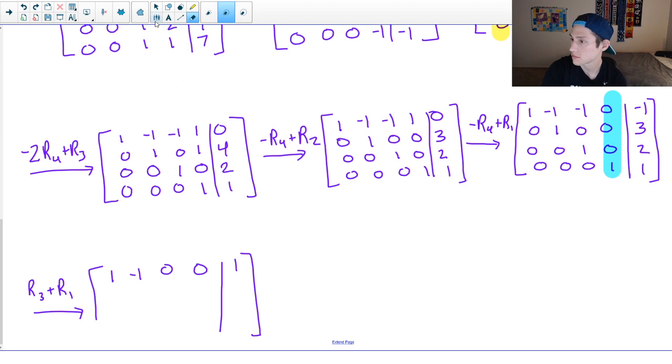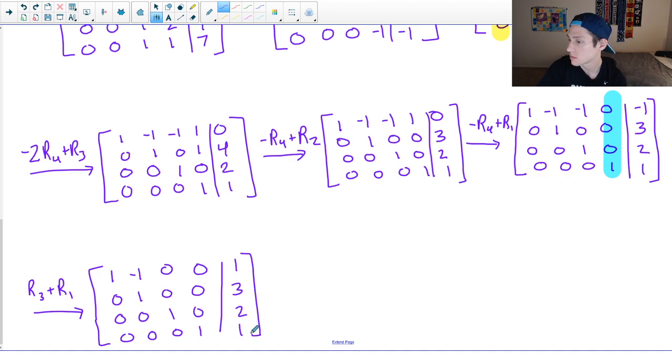Make this a little bigger. Row 2 stays the same: 0, 1, 0, 0, 3. 0, 0, 1, 0, 2. Row 3 stays the same, and row 4 stays the same: 0, 0, 0, 1, 1.